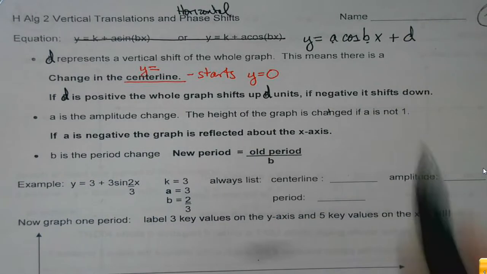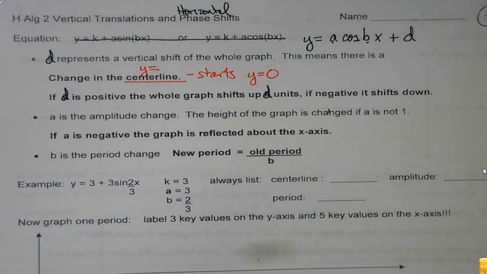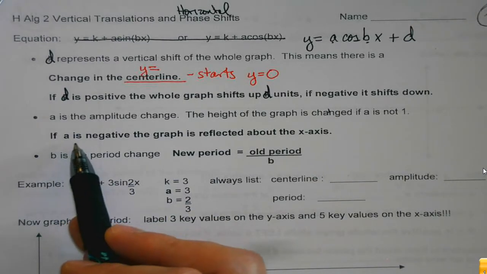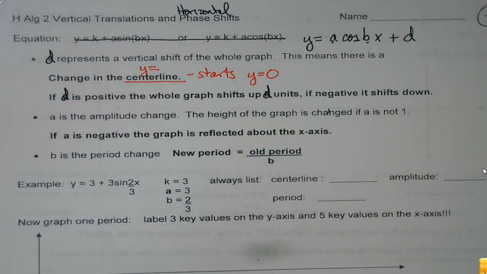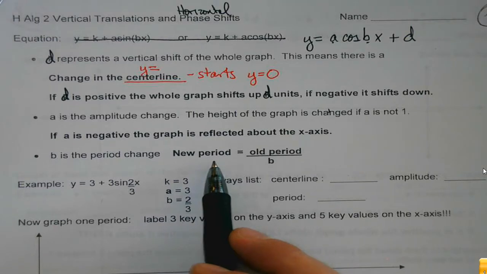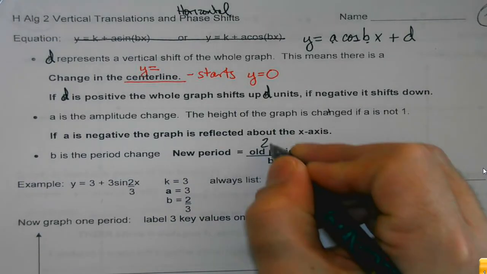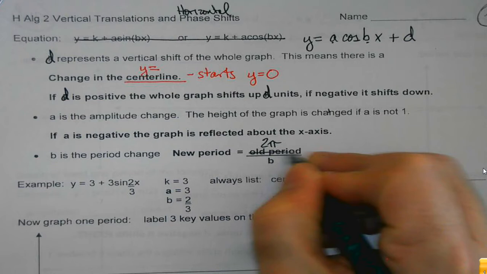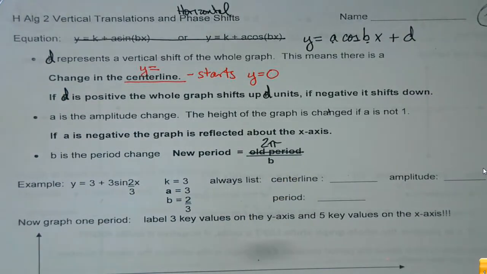Normally it's 1, but it can start to make my graph get taller or skinnier. We haven't gotten into negative amplitudes much yet, so we'll chat about that. And then B is my period change, where I take the old period, which for our purposes would be 2 pi, since we're not dealing with tangent stuff, and divide it by b.